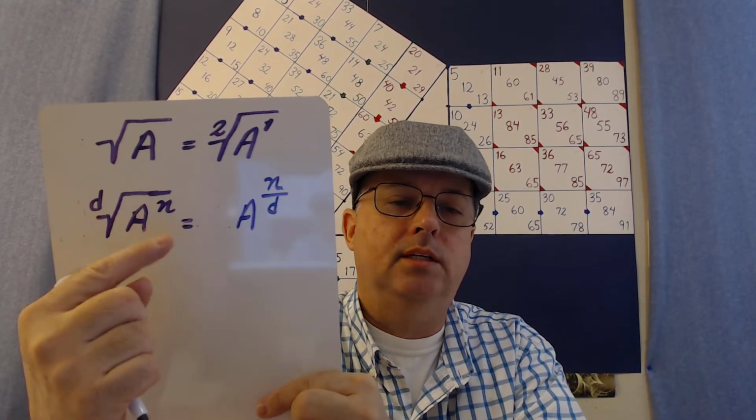So d for index. And then we can rewrite this and say that the numerator is your power and the denominator is your root there. That's the way I want it.